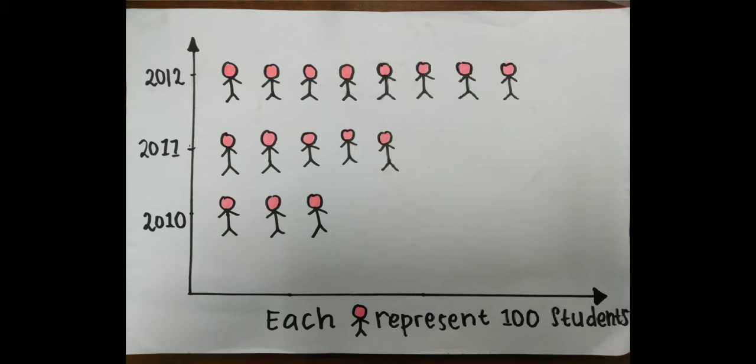The vertical line shows the years, and then the horizontal shows the quantity of people. So we can see there is an icon, and each icon represents the number of students. In this example, each icon represents 100 students.